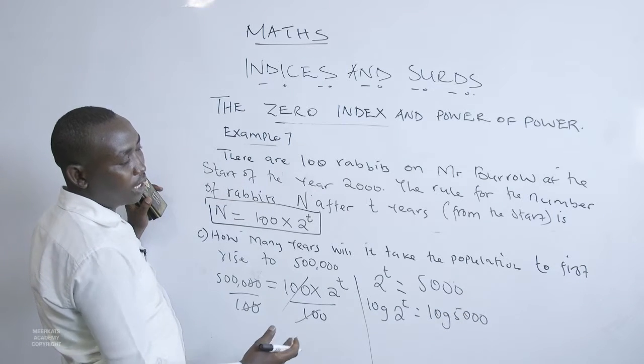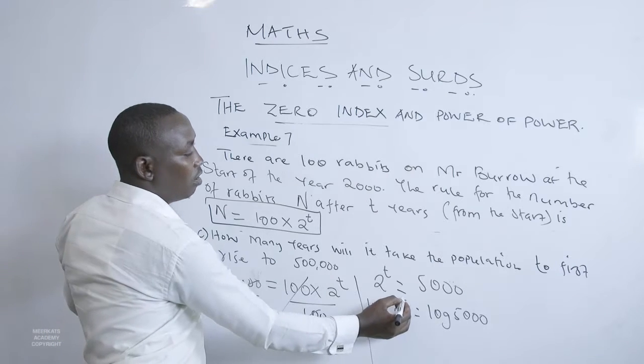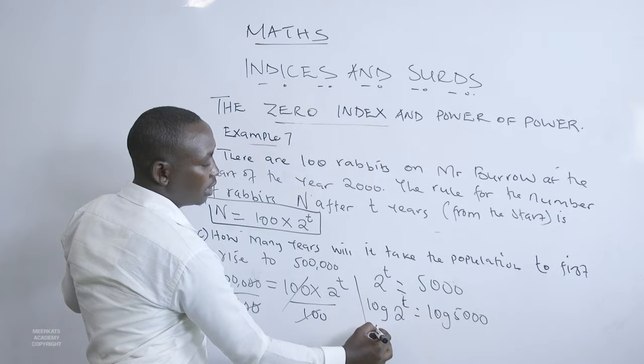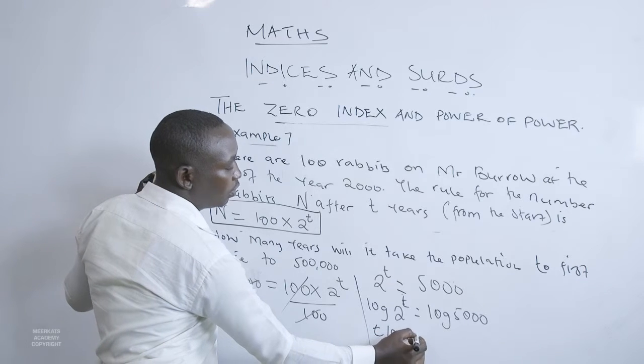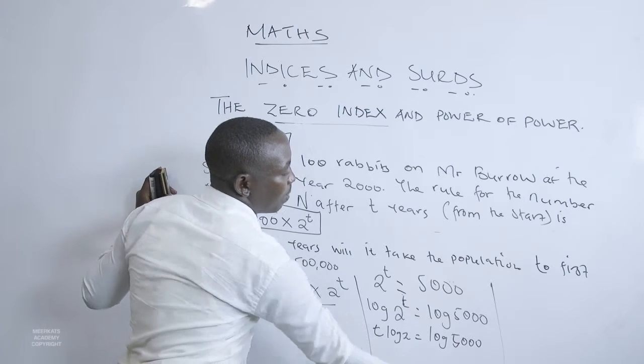Whatever you do to the left hand side, you also do it to the right hand side. So when you apply the law of logs, this is the same as t log of 2 is equal to the log of 5,000.